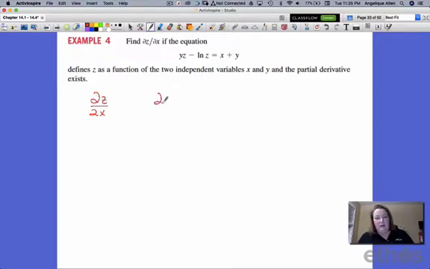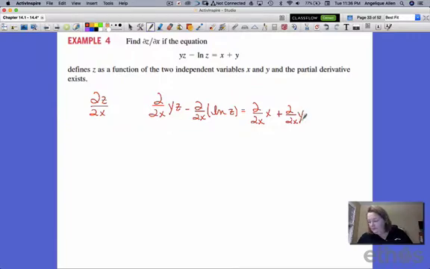So we need to do d/dx of yz, and we need to do d/dx of the natural log of z, and that's going to be equal to d/dx of x plus d/dx of y.